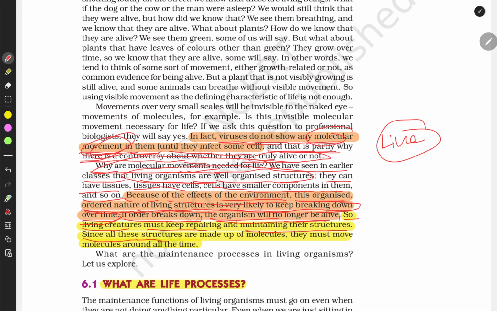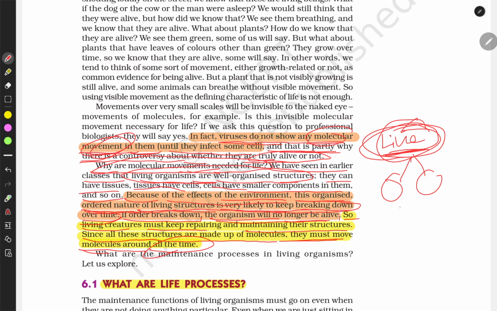Since all these structures are made up of molecules, the molecules must move around all the time. So there must be molecular movement in living organisms, and these molecular movements happening all the time are the basic fundamentals of life processes, and this keeps the organism alive.